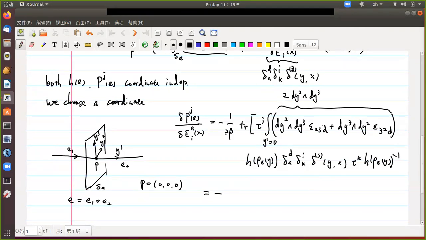And these two cancel the two in the denominator. Trace J integral at y1 equals 0, dy2 dy3. And now you have this delta function.